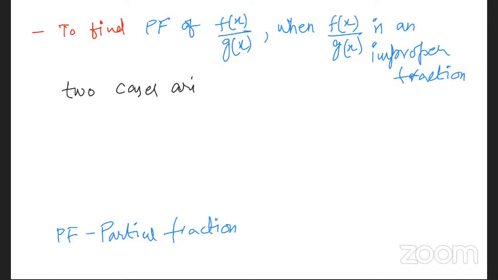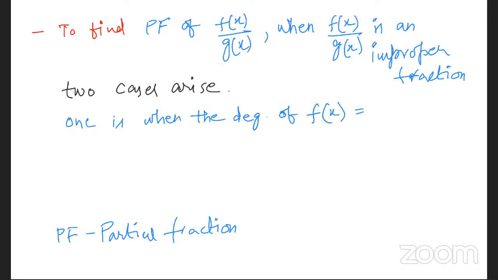One is when the degree of f of x is equal to the degree of g of x. So when the degree of f of x equals the degree of g of x, it's an improper fraction.